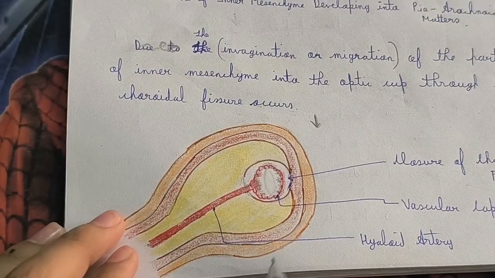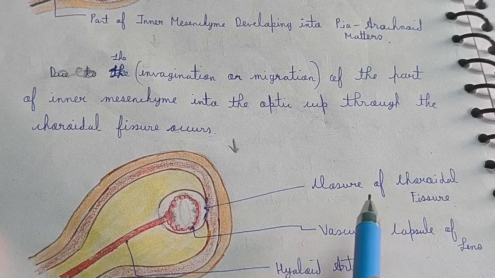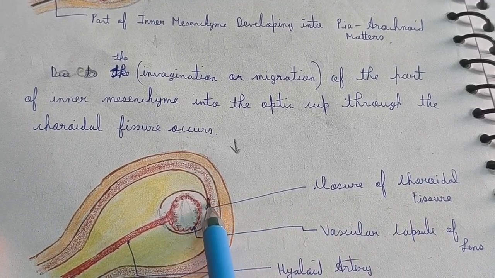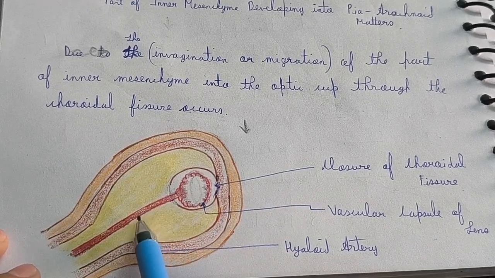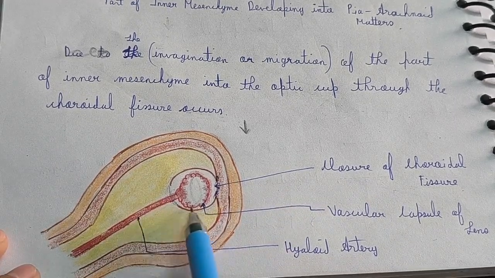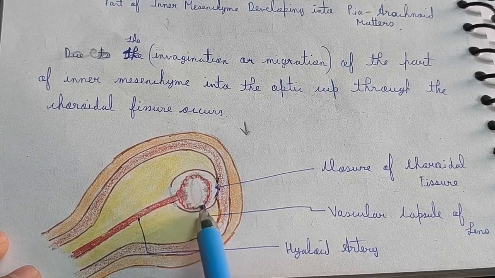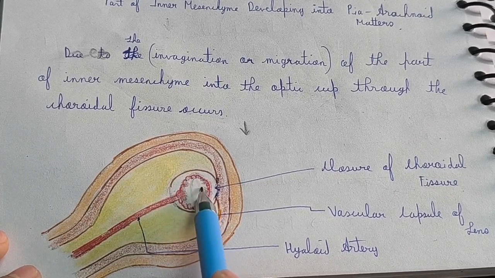Now you can see that the choroidal fissure is closed. As a result of the closure of this choroidal fissure, the hyaloid artery develops, and the vascular capsule of the lens develops as a part of the inner mesenchyme passes through to form a vascular capsule around the lens vesicle.